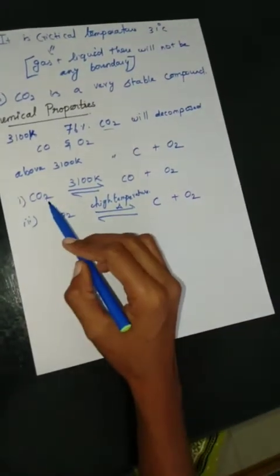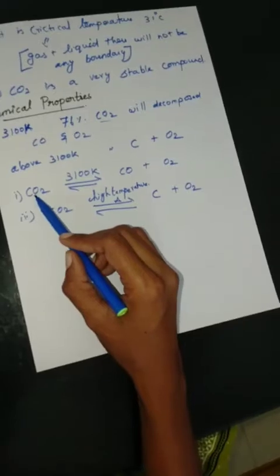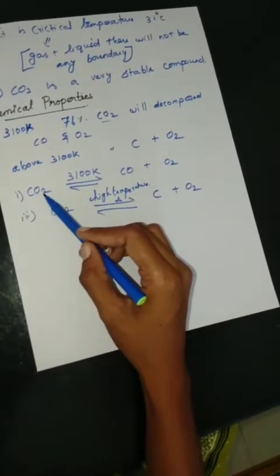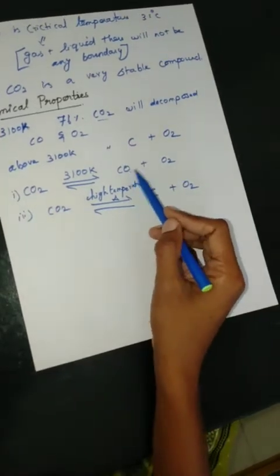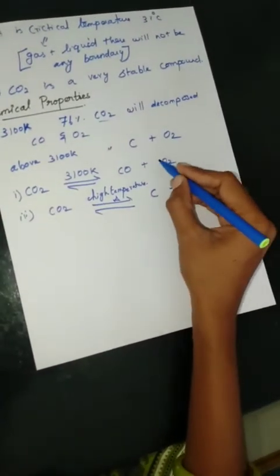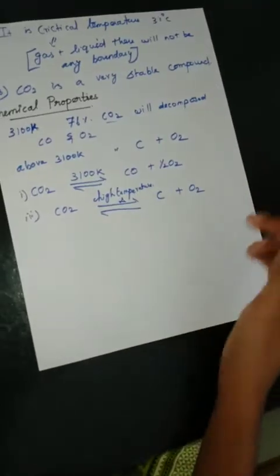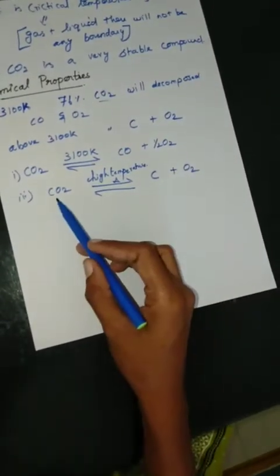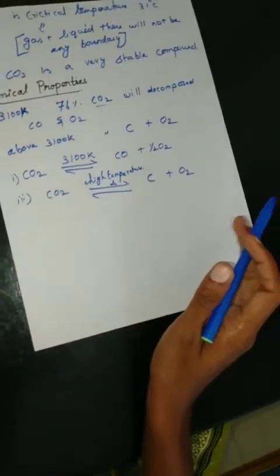First we have to see whether the equation is balanced. Carbon is balanced, but there are 2 oxygens on the left and 1 on the right, so to balance I put 1/2 here. Now oxygen is 2 on both sides and carbon is 1 on both sides, so the equation is balanced.